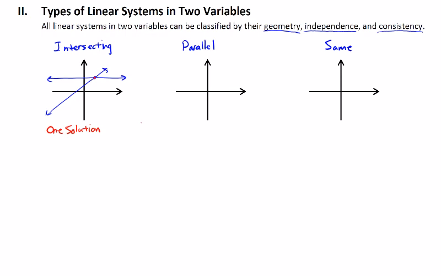In a parallel line situation, you would have two lines that never touch each other. We talked about parallel lines in section 6 when we talked about linear functions, and we know that parallel lines have the same slope, and then they have different y-intercepts. So if that's the case, they never touch each other.